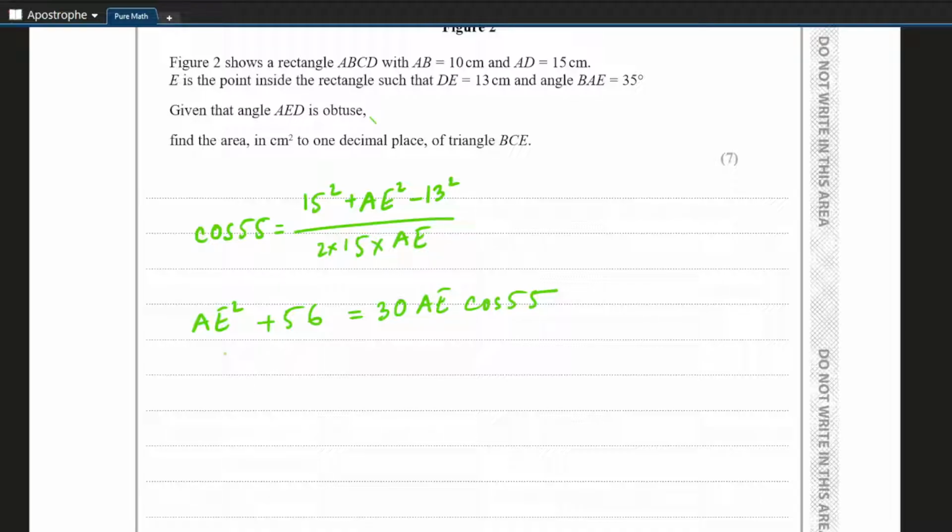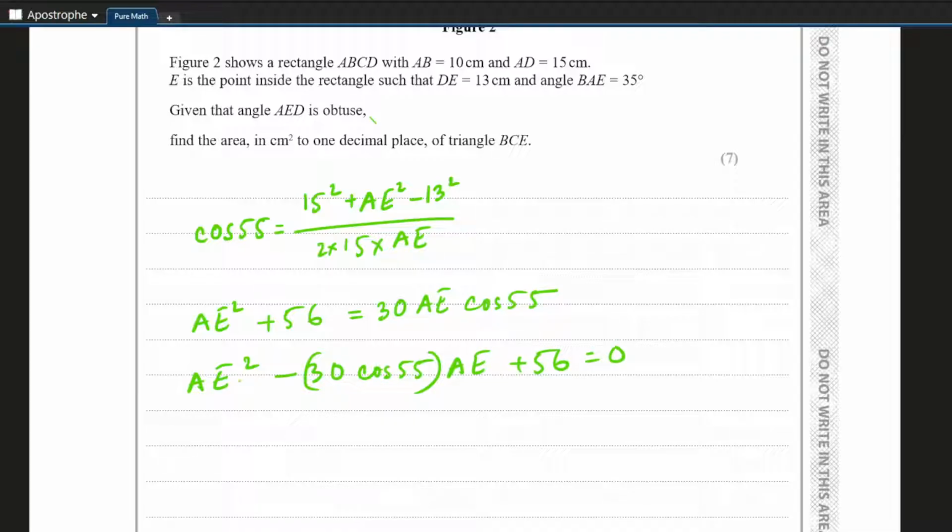Bringing it to this side, 30 cos 55 is our coefficient: AE squared minus 30 cos 55 AE plus 56 is equal to 0.